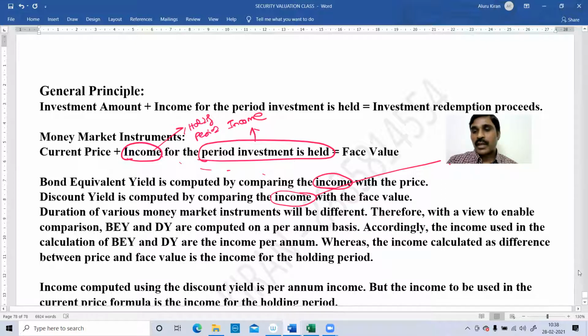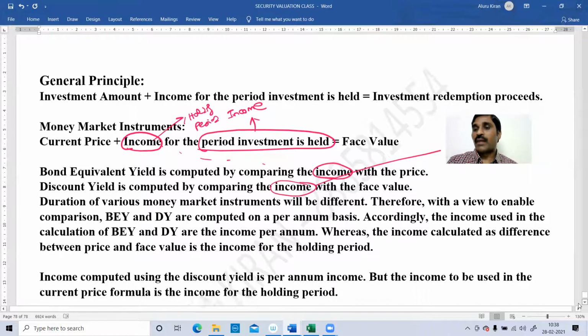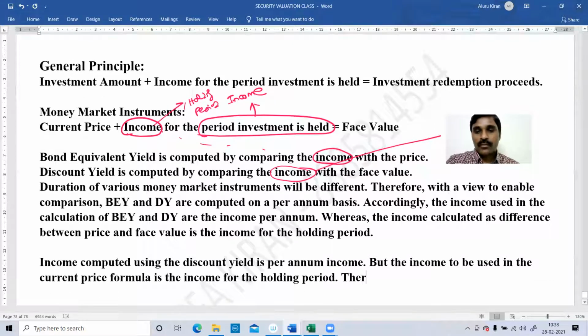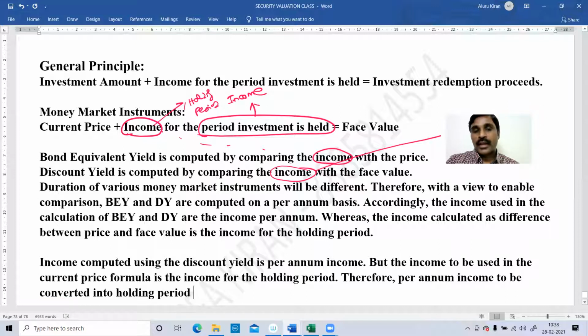Therefore, per annum income has to be converted into holding period income before substituting, for the purpose of substitution in the current price formula.